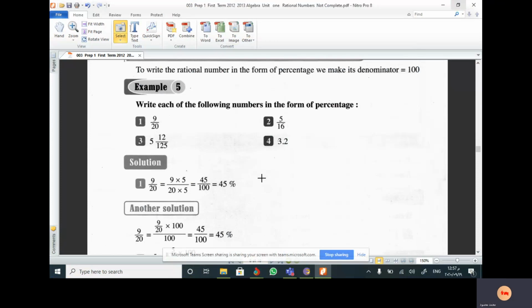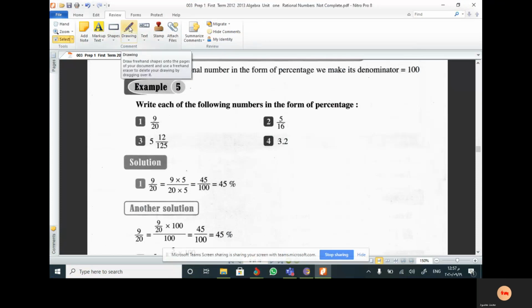Or you can multiply 9 over 20 times 100%.